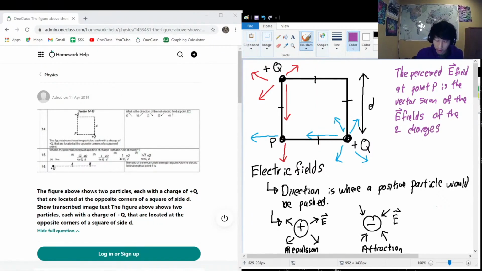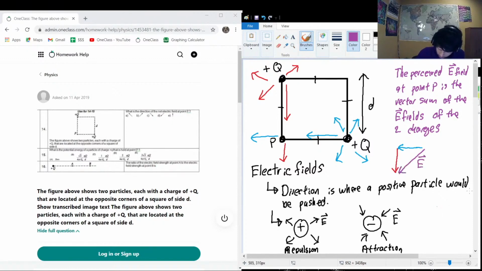So essentially we have that blue vector plus the red vector that's going straight downwards, and the result of this is the purple vector like this.